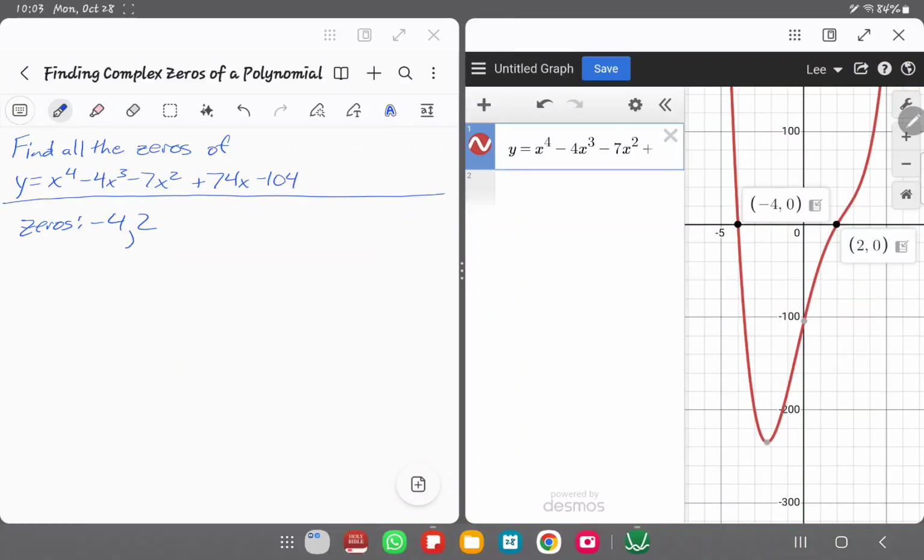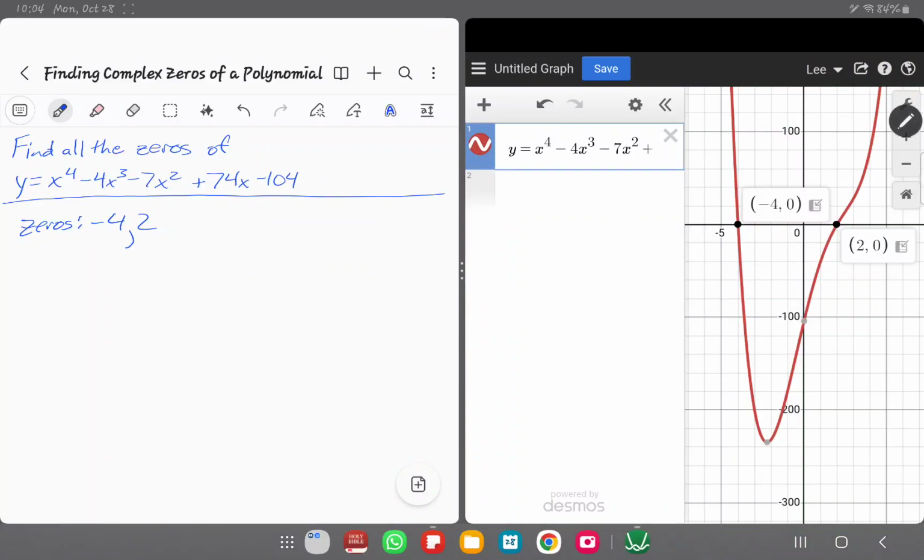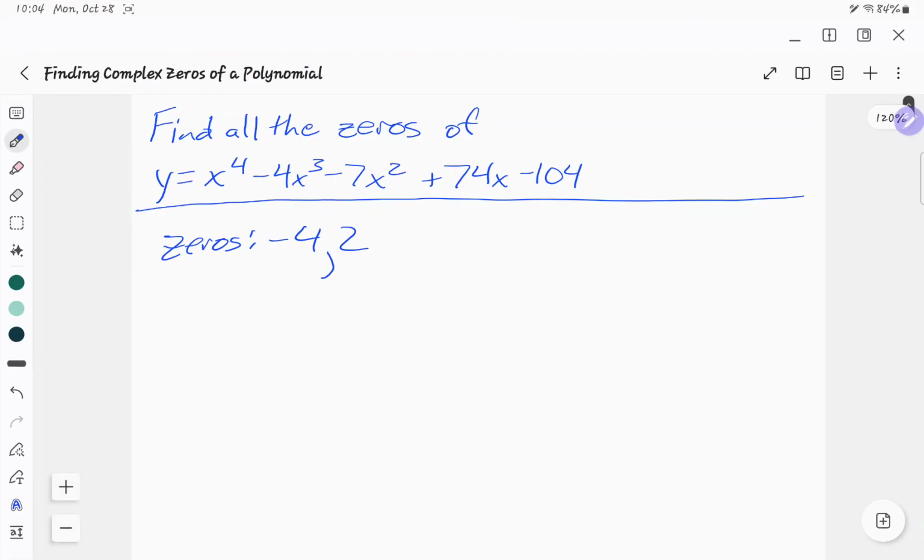So I'm going to go ahead. We don't really need the graph anymore for this, so I'm going to hide the graph after that point. And we'll take a look at what I do with these zeros to find the other ones. What I'm going to do is some synthetic division, right? So if these are the zeros, I'm also going to list here my factors.